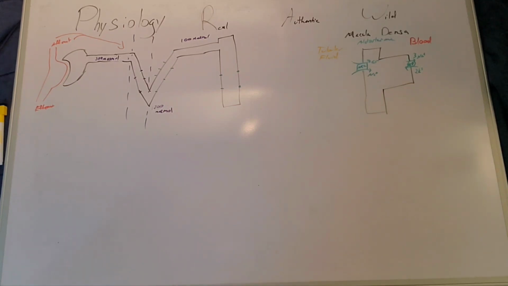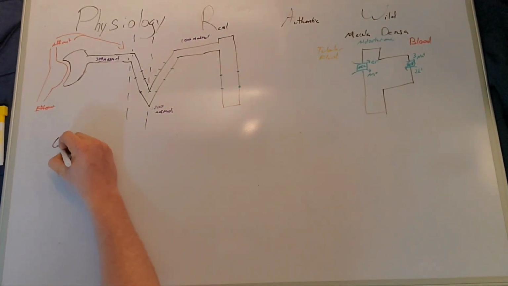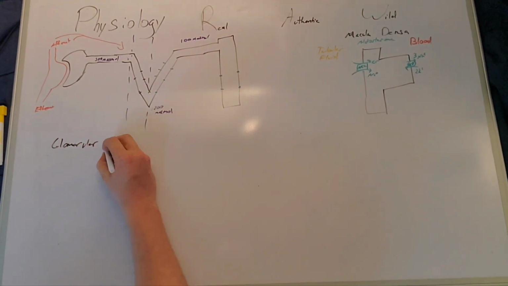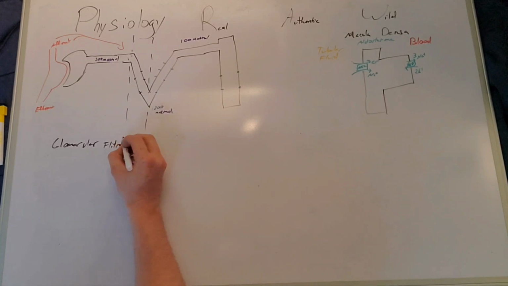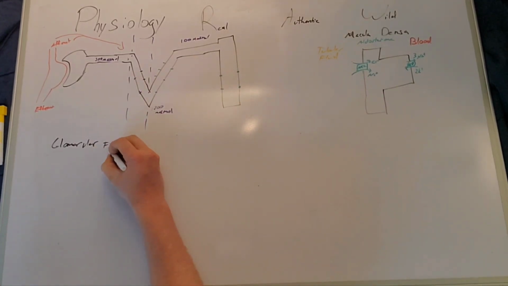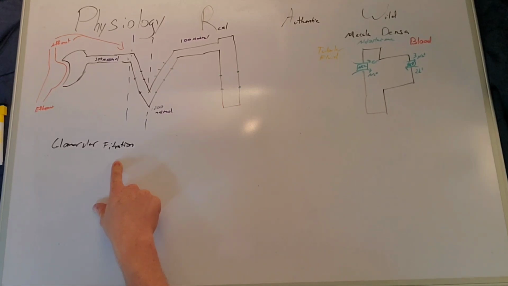So I guess I'll just make a quick little list. Glomerular filtration. Oops, that's not here. Filtration. And so that is going to affect how much blood is filtered in the glomerulus.